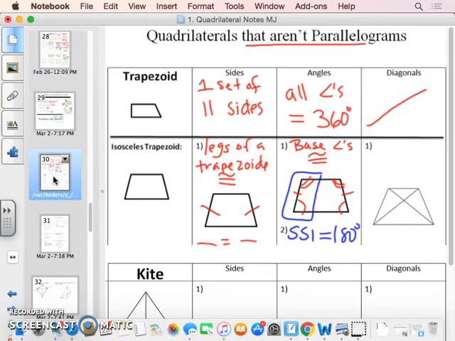And then lastly, let's say I labeled this trapezoid A, B, C, D. I can say that this diagonal is congruent to this diagonal. So the diagonals, let me write this in red for those of you that are a little bit OCD.